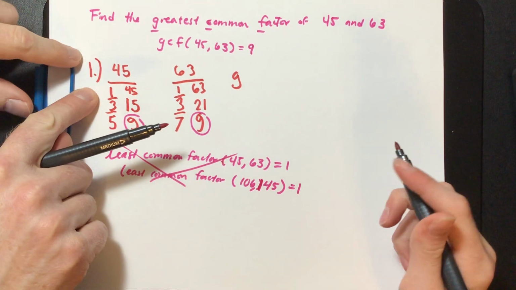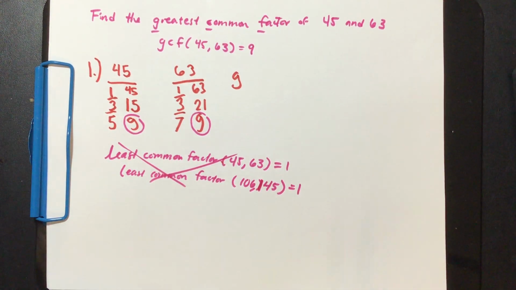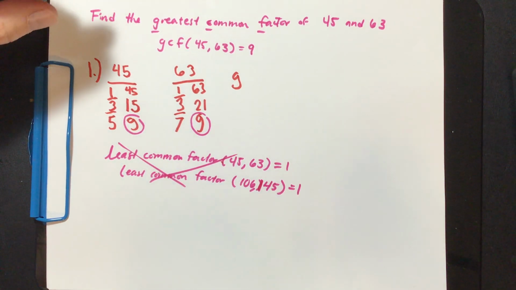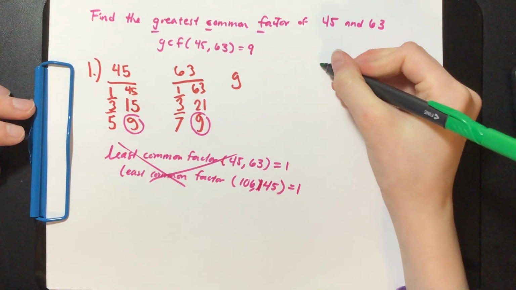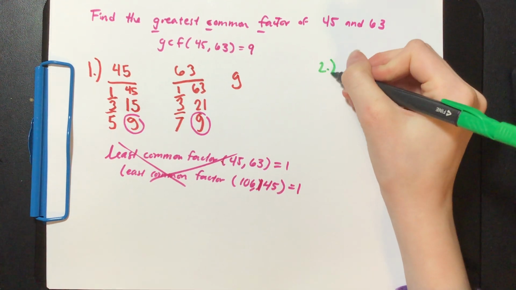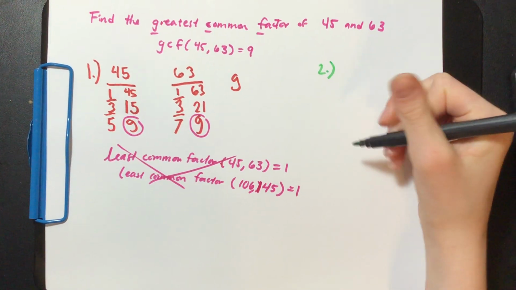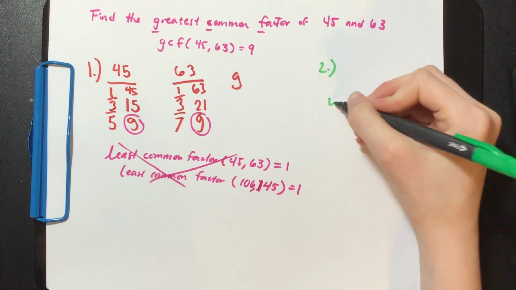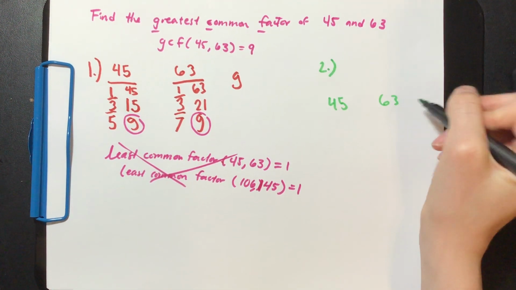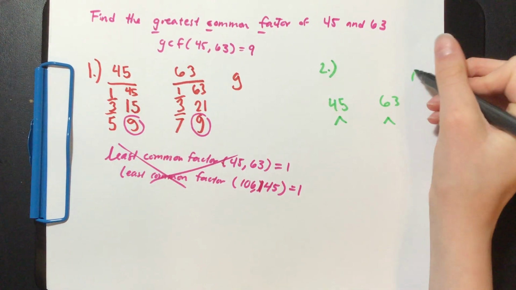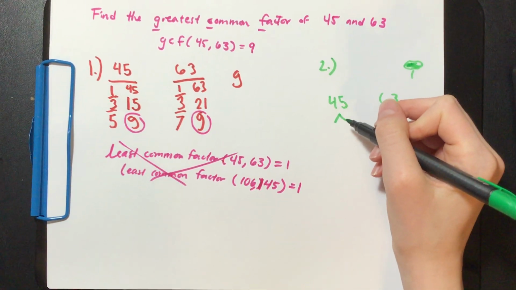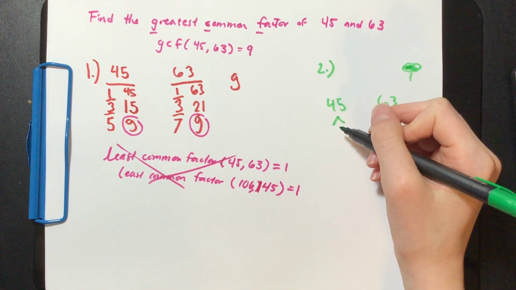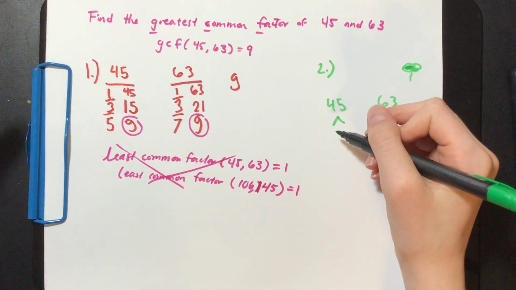You said there were several ways. You numbered this as number 1. Maybe get a different color and do a different way. All right, number 2. So for way number 2, you can take the numbers 45 and 63, and you can turn them into these little tree type things. 45 is divisible by all of these numbers, right?